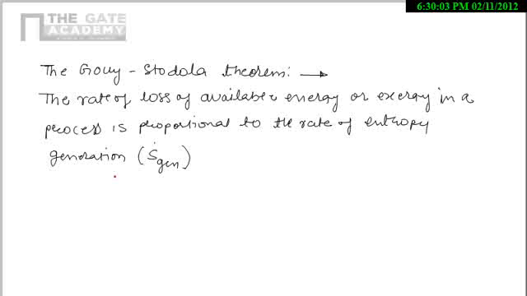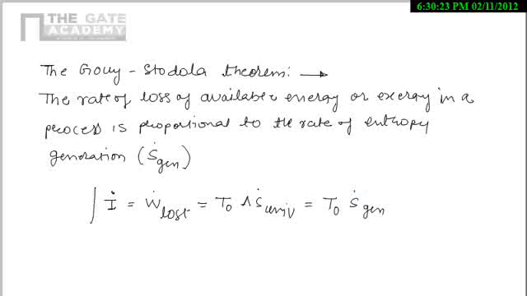In mathematical form, that is I dot equals to W dot lost equals to T0 del S universe dot equals to T naught S gen dot. This one is the Stodola theorem.